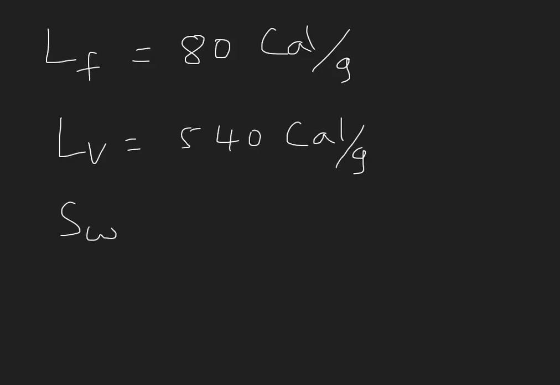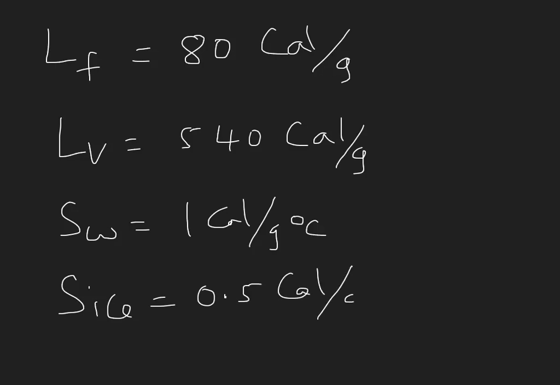Specific heat of water is 1 calorie per gram degree centigrade. Specific heat of ice is 0.5 calorie per gram degree centigrade. These 4 things we used. We use latent heat of fusion of ice for ice at 0 degrees centigrade to water at 0 degrees centigrade and vice versa.